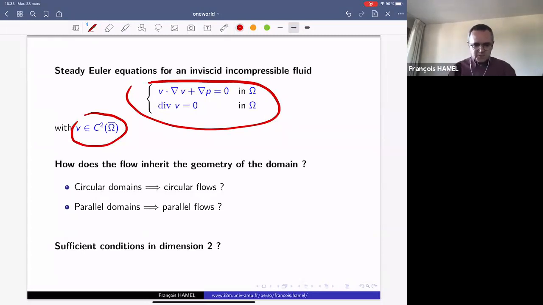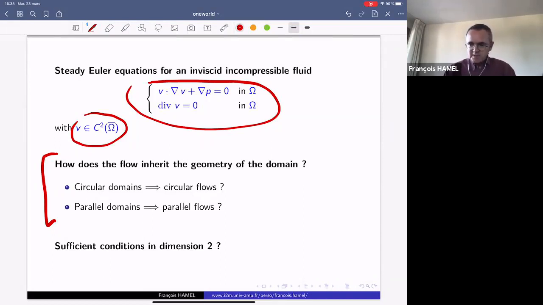The question I'm going to address is the following. How does the flow inherit the geometry of the domain? We will consider two classes of domains, circular domains. In a circular domain, can one find some conditions for the flow to be a circular flow? We will see that this means that the streamlines of the flow are cycles. We will also consider parallel domains.